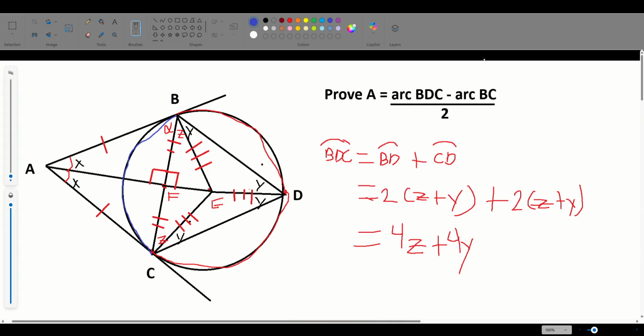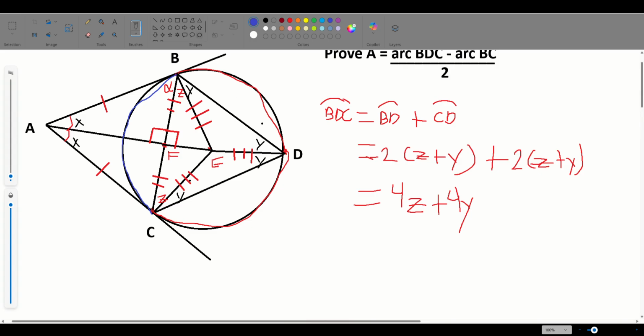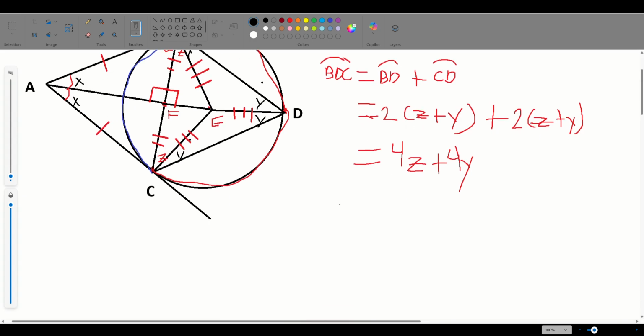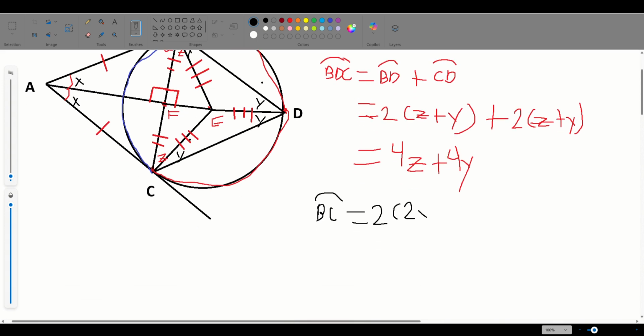This right here, angle D, is merely Y plus Y. Remember the inscribed angle and intercepted arc relationship: arc BC must be twice the measure of this, which is Y plus Y, simplifying to 2Y, which is equal to 4Y.